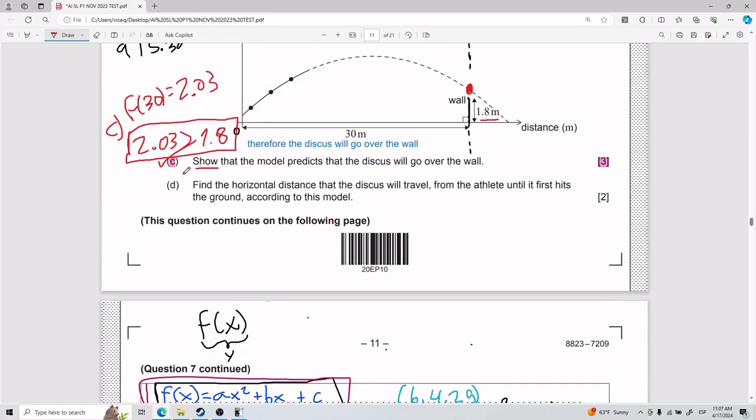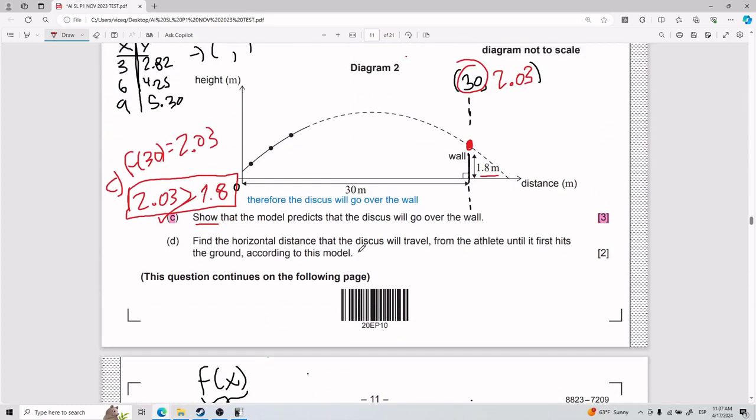Last but not least, for part D, we need to find the horizontal distance that the discus will travel from the athlete until it first hits the ground, according to this model. And so basically, looking at this diagram here, we're talking about it hits the ground, so we're talking about this point here. All right.